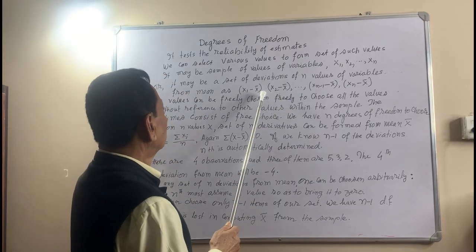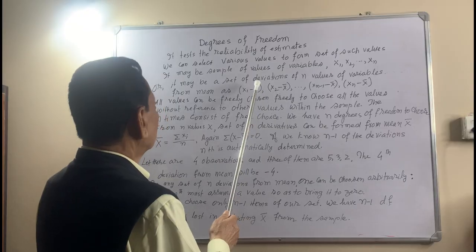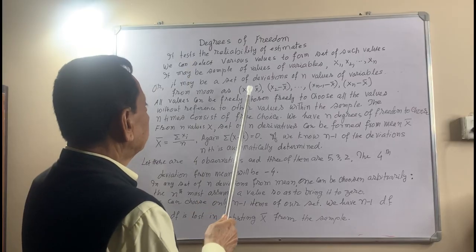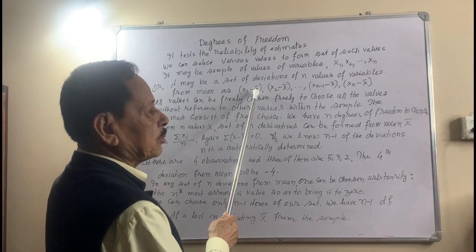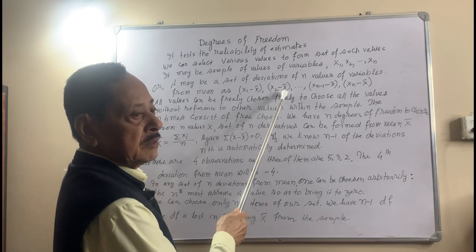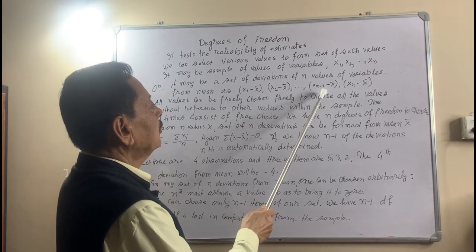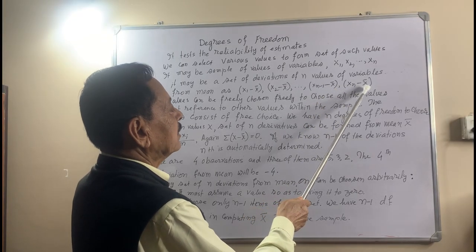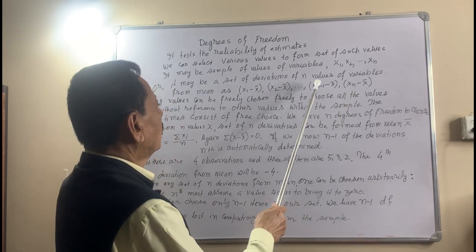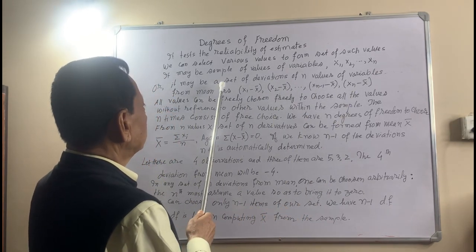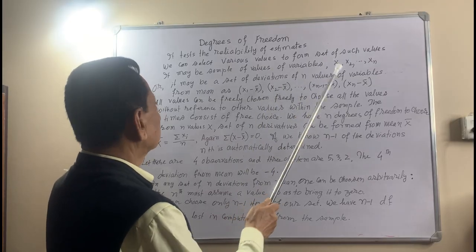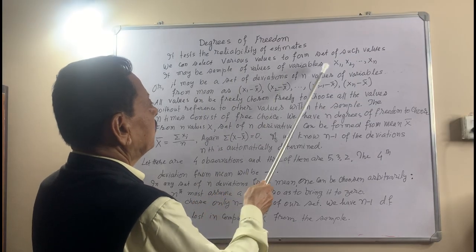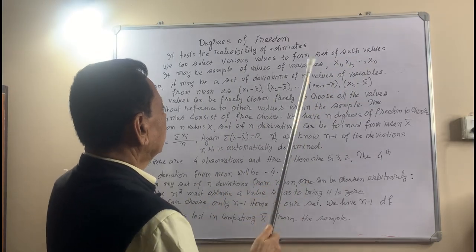So x1 minus x bar, the mean of the x series, then x2 minus the mean, x3 minus the mean, and so on up to xn minus 1 minus the mean, and ultimately xn minus the mean.